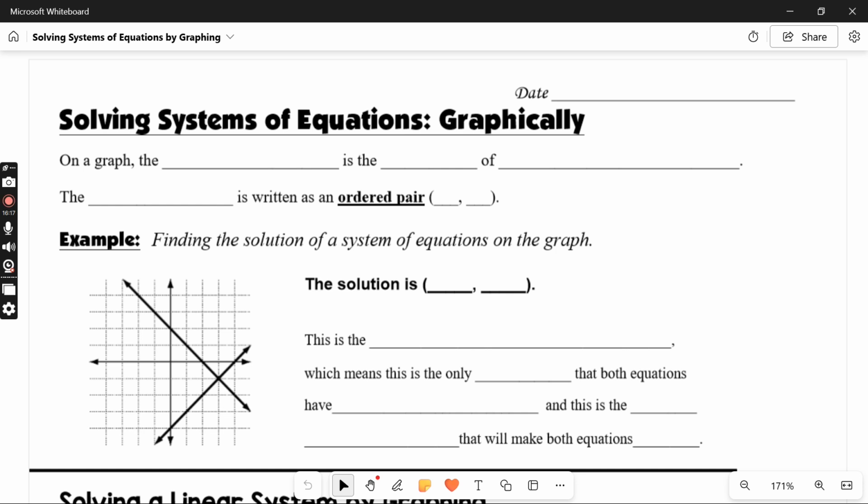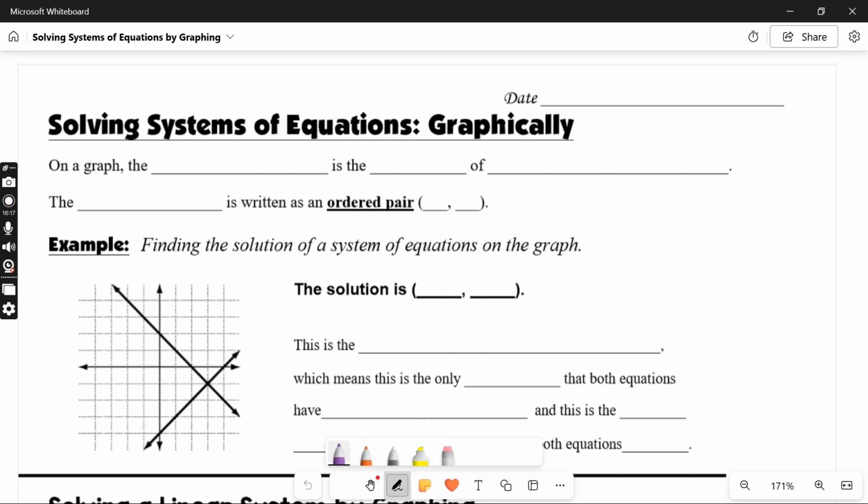So it says solving systems of equations graphically. It says on a graph, the solution is the point of intersection.